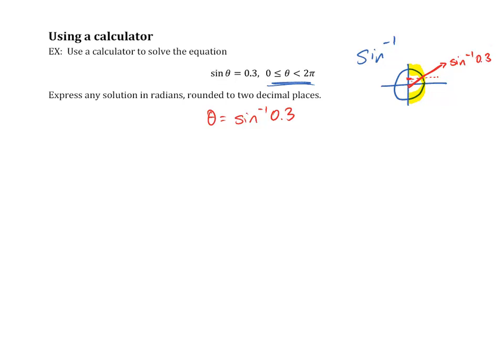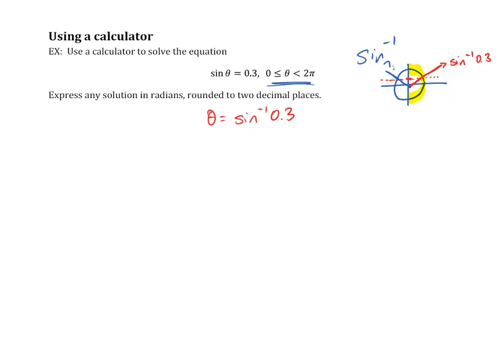But there is another place on the unit circle that the sine inverse isn't going to give you, right? It's going to give you something over here on the left-hand side, and we've got to figure out what that is.